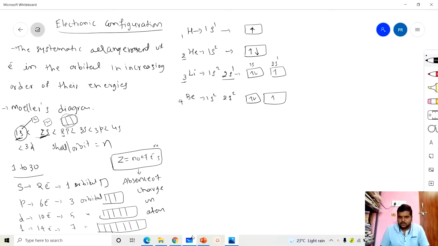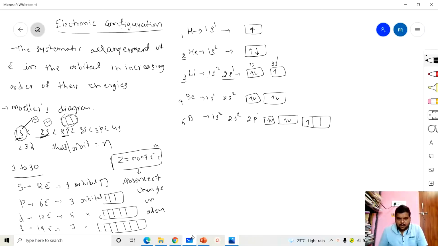Boron, atomic number 5: 1s2, 2s2. Next, which orbital has the higher energy? 2p. So 2p1. 2 plus 2 plus 1 is 5. So 1s2, 2s2, 2p1.